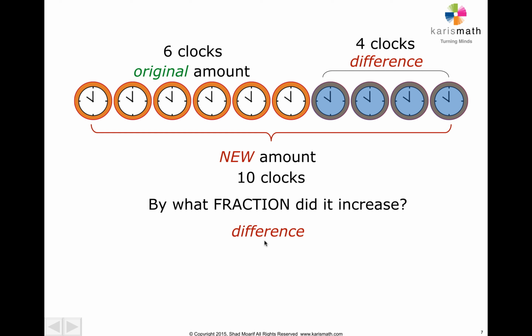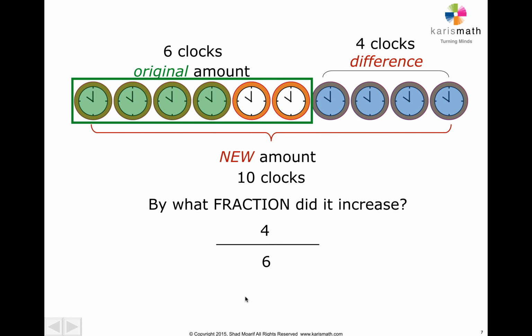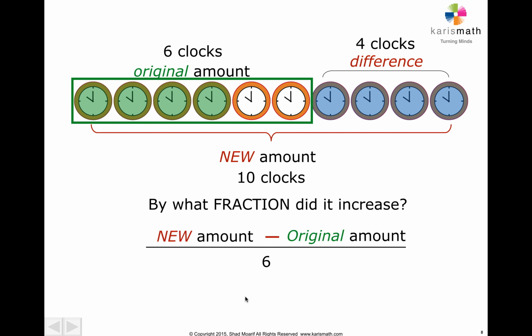We just took the difference between the original and the new, and then over the original amount tells us what fraction it was. The difference, of course, is 4. The original amount was 6. And so we say that is the fraction by which it increased. Okay, you got that far. Let's just take it one more step.